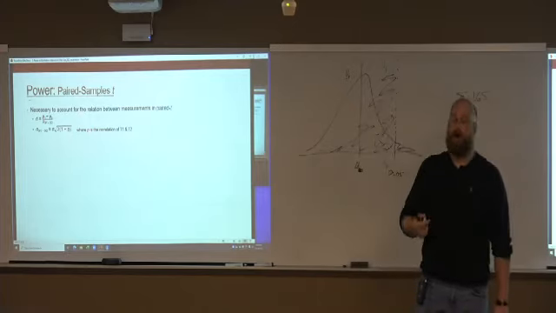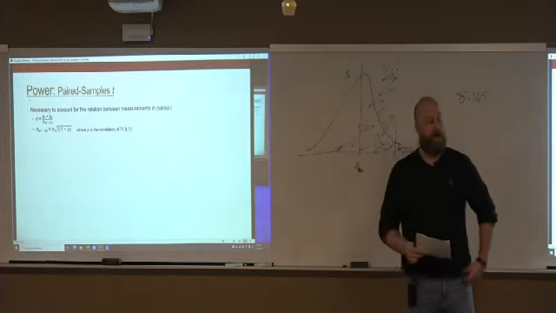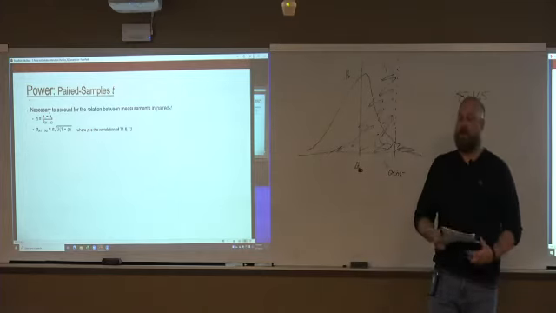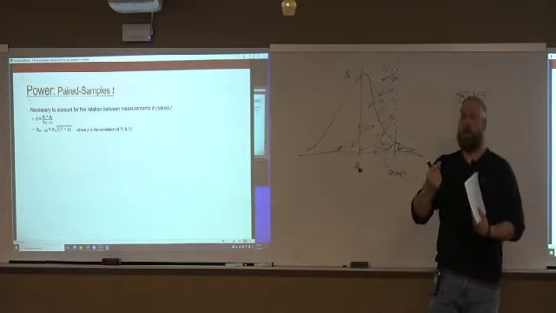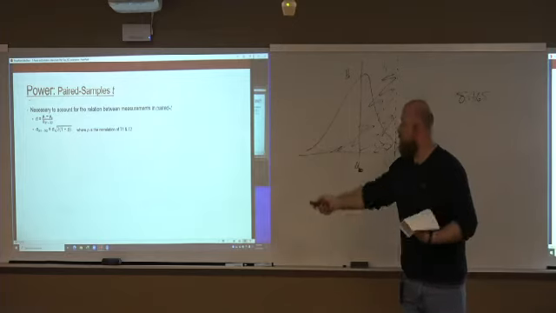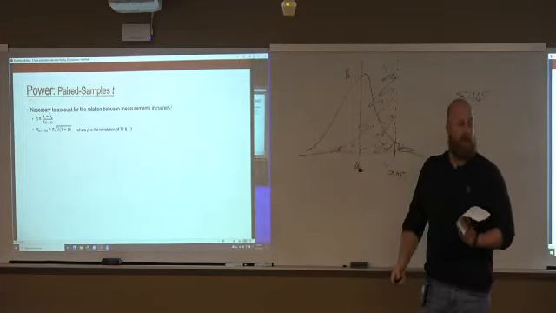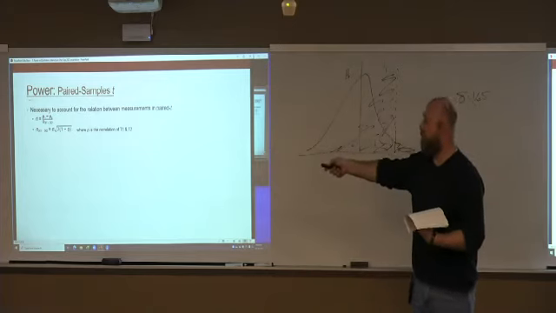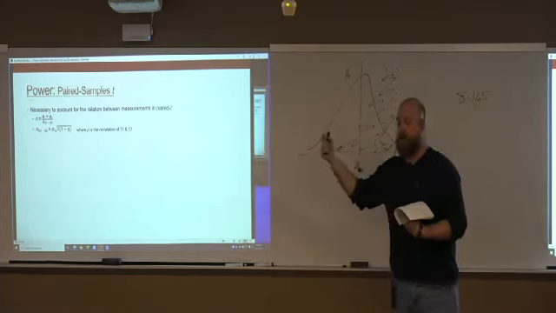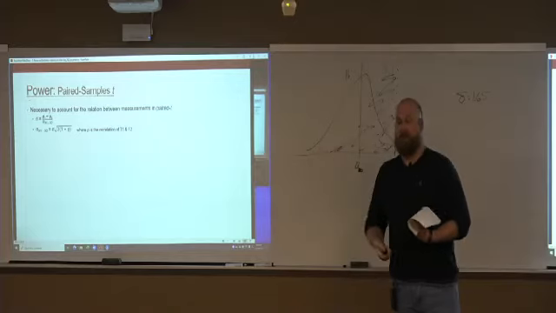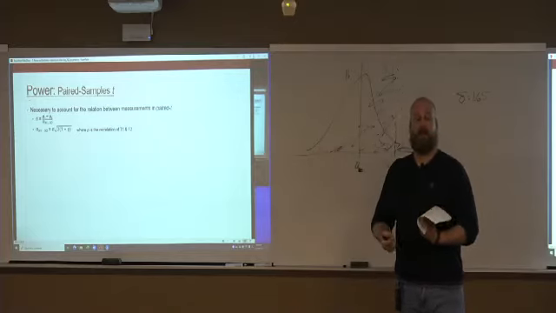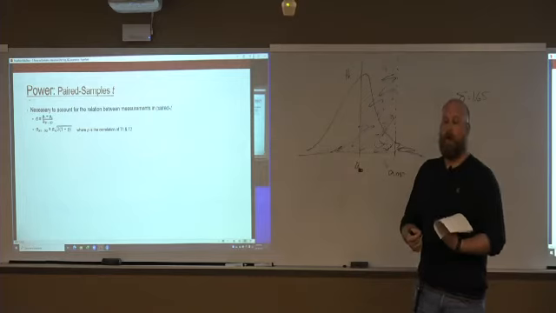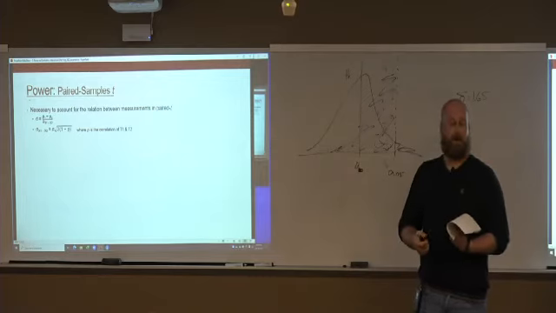If you've run your paired sample tests in SPSS, it gives you the correlation between your 2 measures. This is what we're plugging in here. Once you calculate that, you take that value and divide it by your change score, and that gives you the effect size you would use for your power calculations.